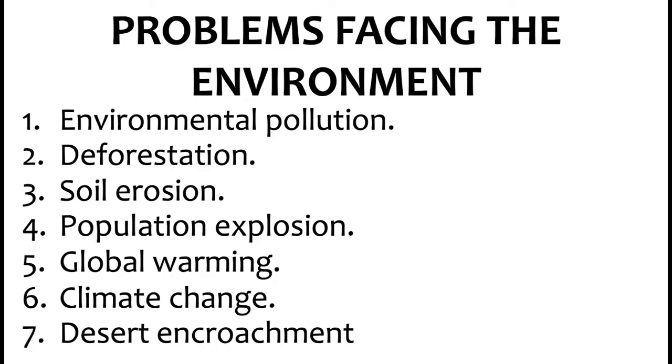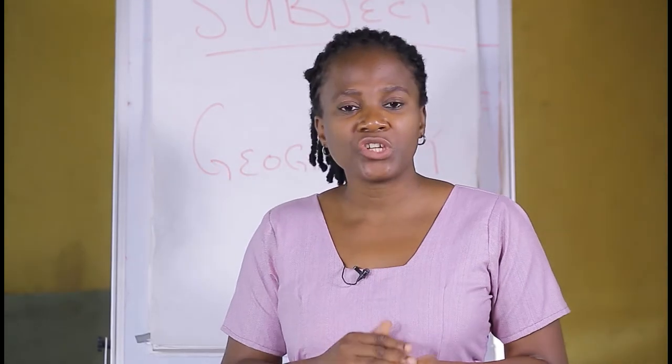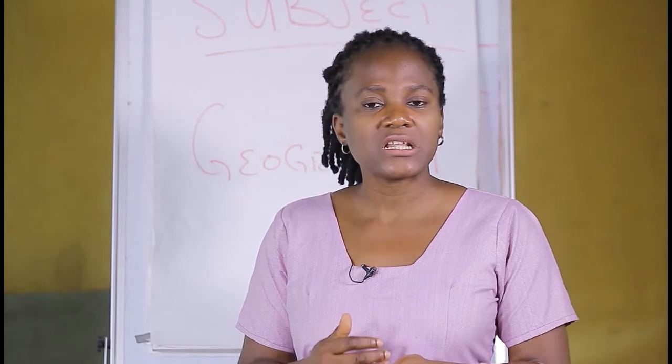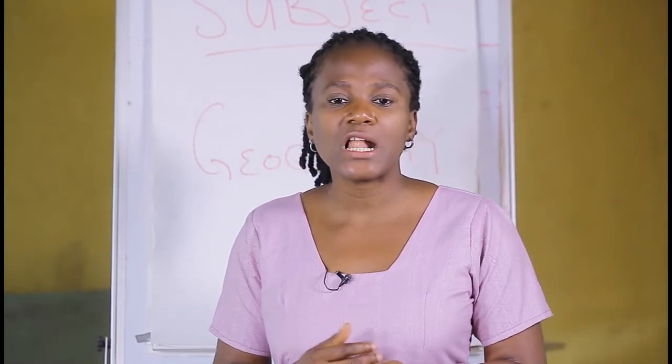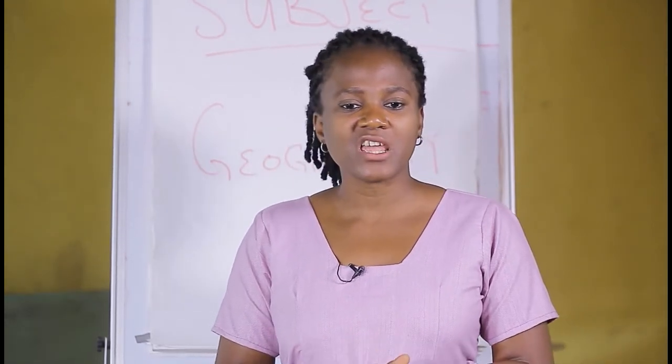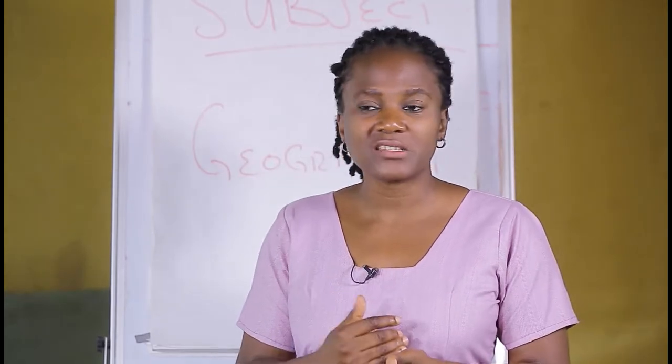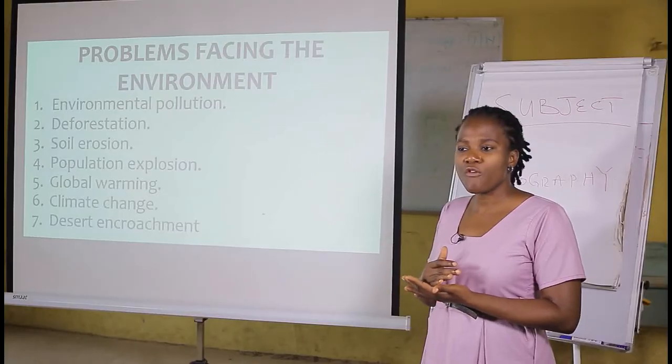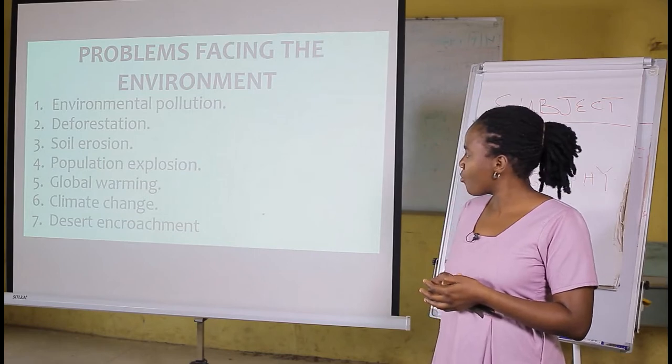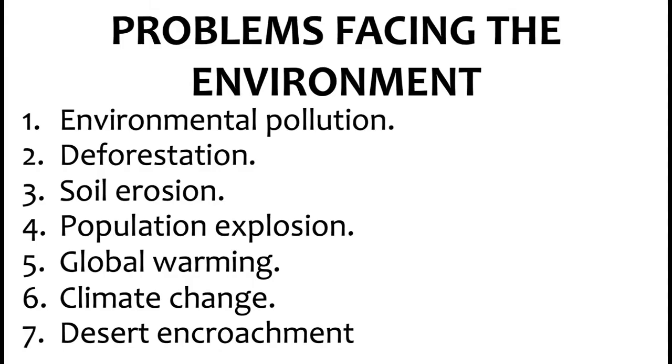Number four is population explosion. Now, the population generally increased drastically with the Industrial Revolution, where healthcare was increased and agricultural practices were improved, so there was more food to feed the growing population. Number five is global warming.